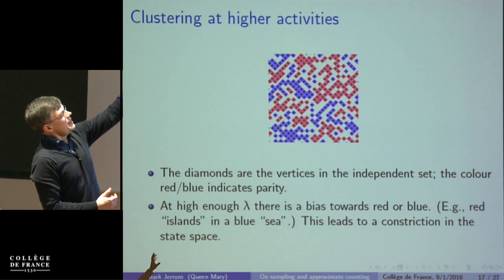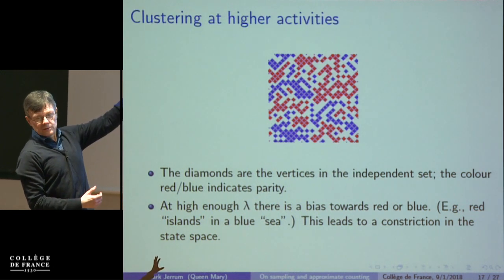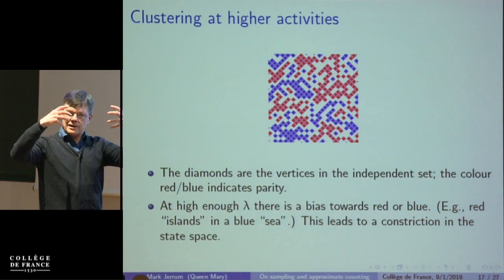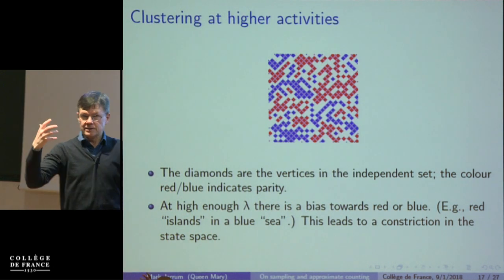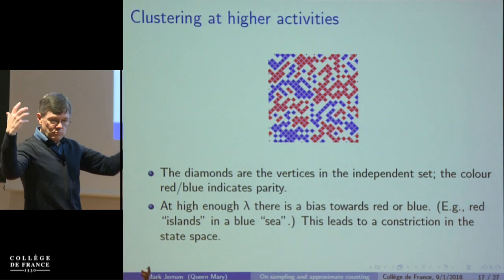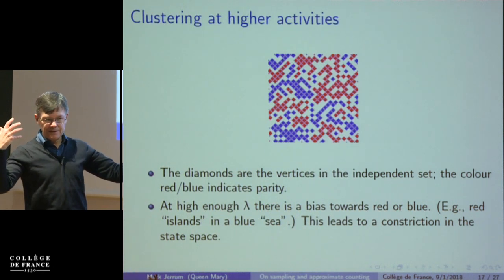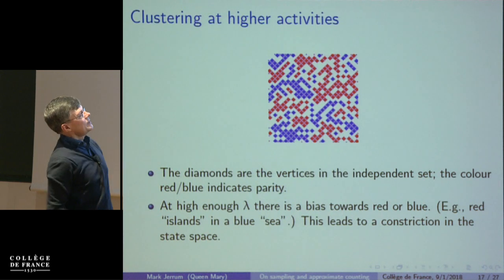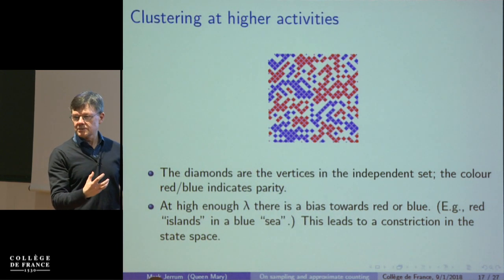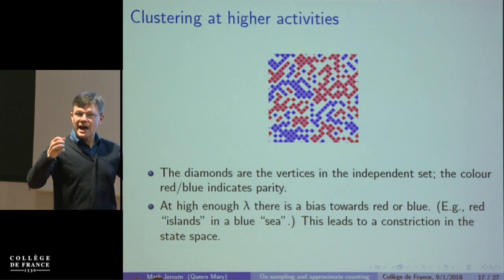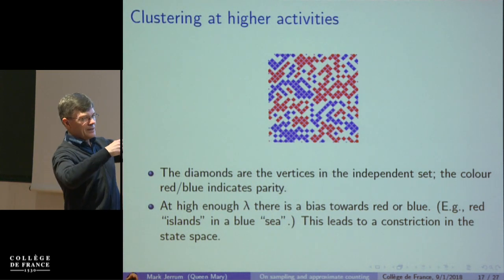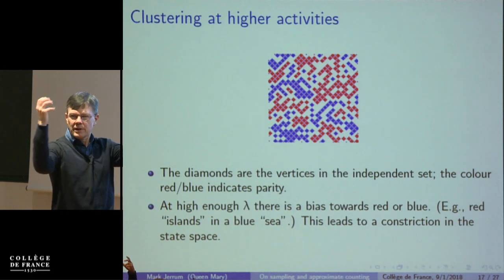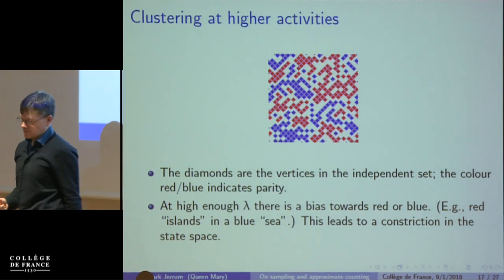I think this is at the critical moment when red and blue are still vying with each other, but neither has won at this stage. And yet you can see that they're collecting their forces together. If you push lambda up a bit more, either the blue or the red will win, and it will start to take over larger areas.